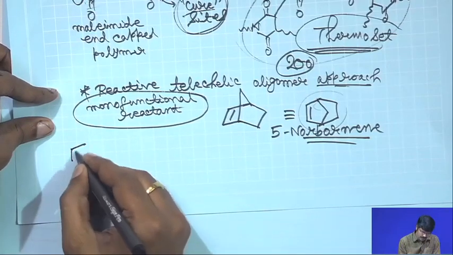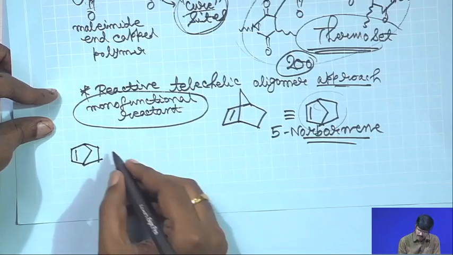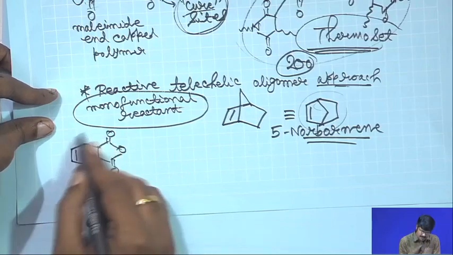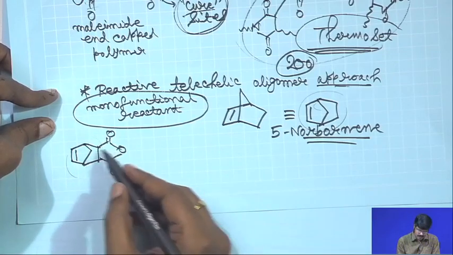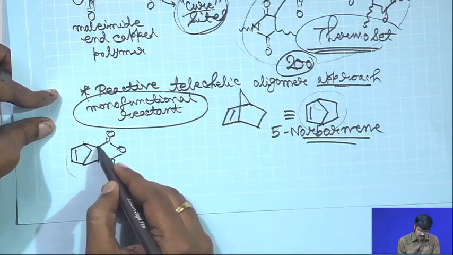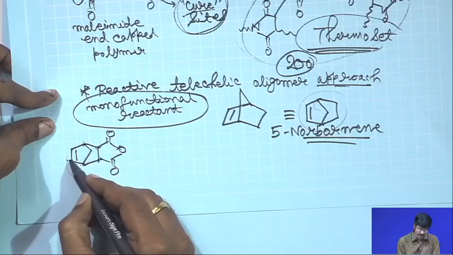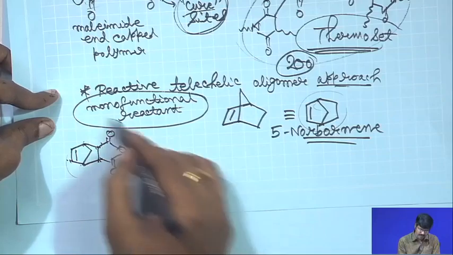You use this monofunctional material. So, you have an anhydride on this side and this is your norbornene unit. So, this is 1, 2, 3, 4, 5, 1, 2, 3, 4, 5. So, this is 5 norbornene 2, 3 dicarboxylic anhydride unit.